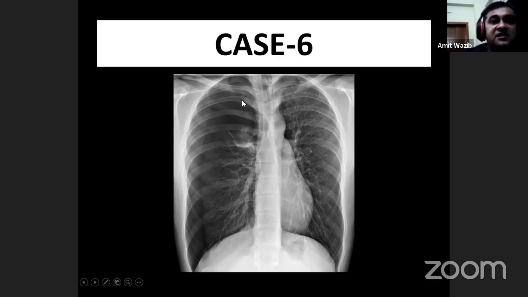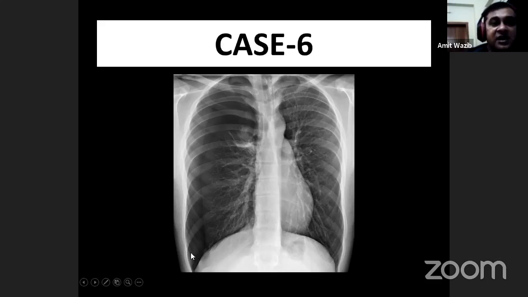In fact, this area has no lung tissue. And if you see carefully, the area medial to it has features of lung. It has vascular markings. So this is a hypertranslucent area devoid of vascular markings.